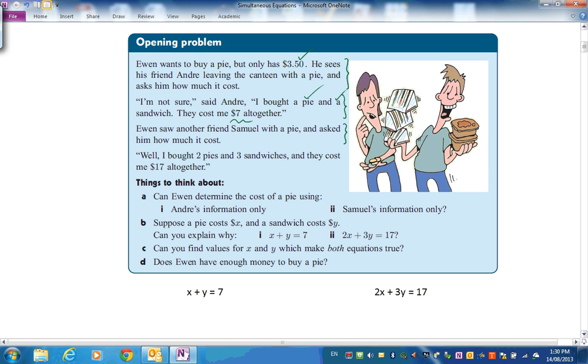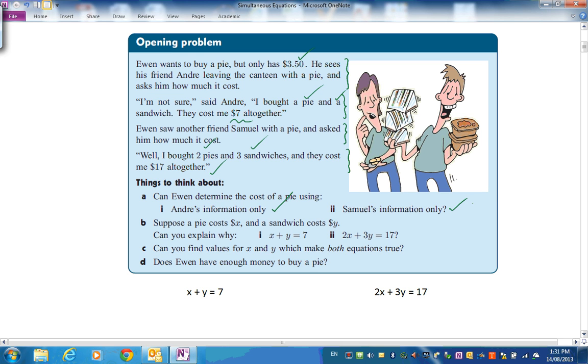Ewan then saw another friend, Samuel, with a pie and asked how much it cost. Well, I bought 2 pies and 3 sandwiches and they cost me $17. Hey, this is getting even more complicated. How's he going to work out the balance between the cost of a pie and a sandwich? Can he do it using Andre's information or Samuel's?